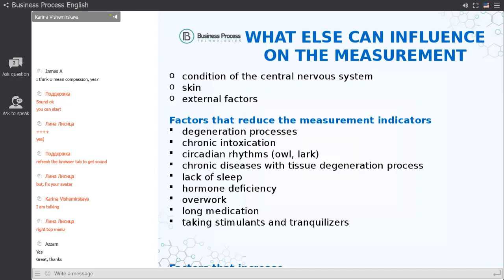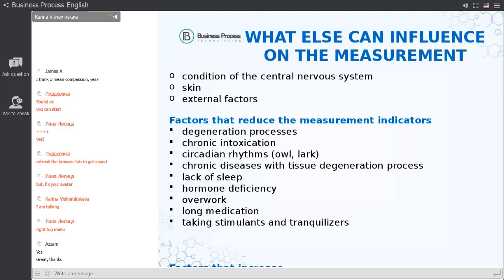And the second part, which is not shown here, I will read from my laptop. Factors that increase measuring indicators: high temperature, because an increase in measuring indicators means hyperfunction, those red and orange colors in our diagram. So this is high temperature, stress, inflammation, emotional and physical stress, taking stimulants, medicine or drugs, or smoking.